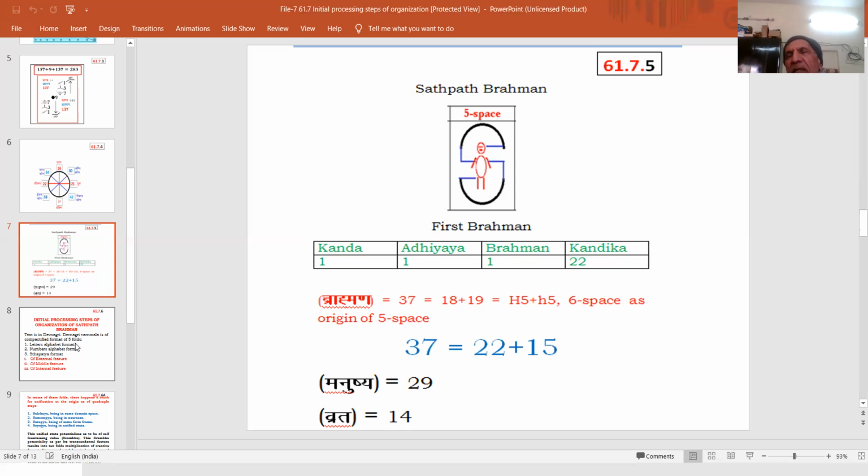Therefore, Brahmana becomes the dimensional frame of 5 space. 5 solid dimensions together with the origin as dimensional frame is Brahmana. Therefore, the Sathpath Brahmana is a chase of dimensional frame of 5 solid dimensions along with the origin.